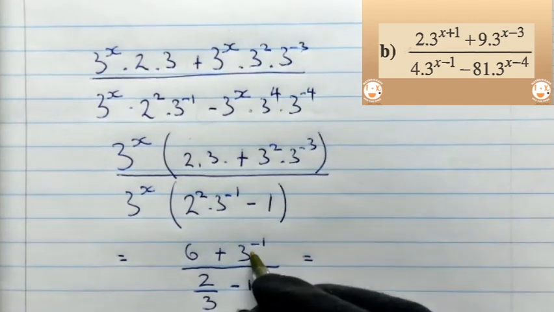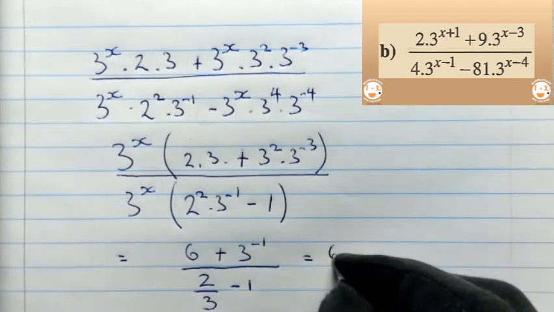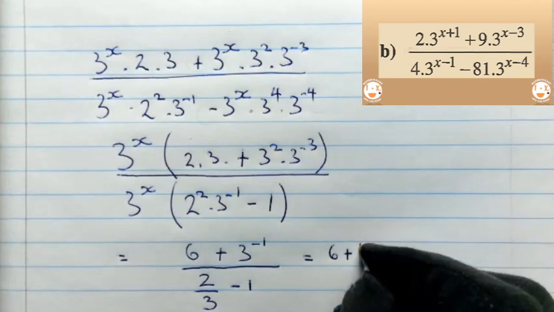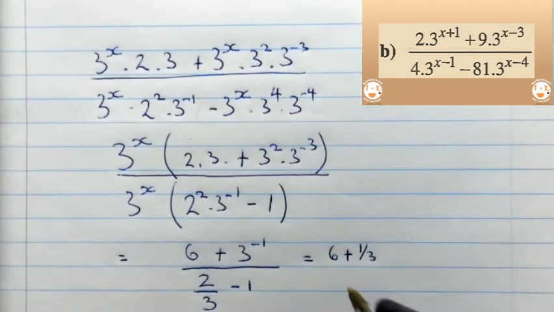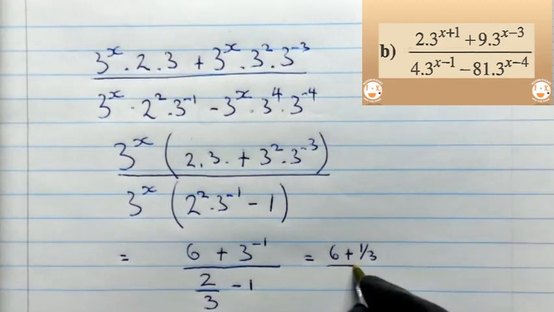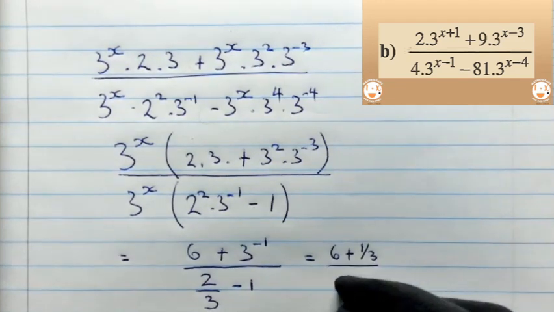So it is a 6 and a third. So I will have a 6 plus 1 over 3. Do you get me? Then I'll have a negative 1 over 3. This is the 3 over 3. Yeah, I'll have a negative 1 over 3.